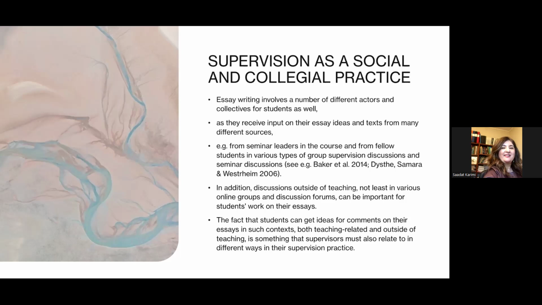The fact that students can get ideas and comments on their essays in such contexts, both teaching-related and outside of teaching, is something that supervisors must also relate to in different ways in their supervision practice.